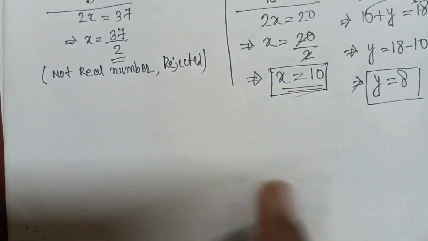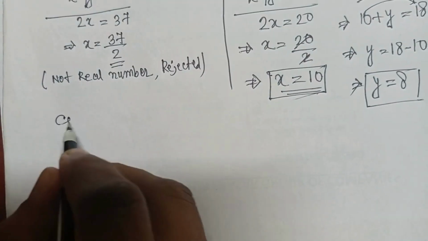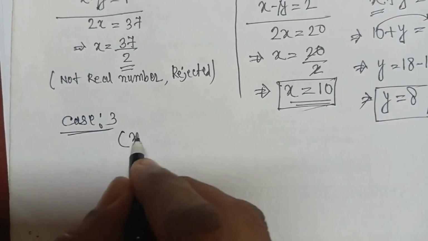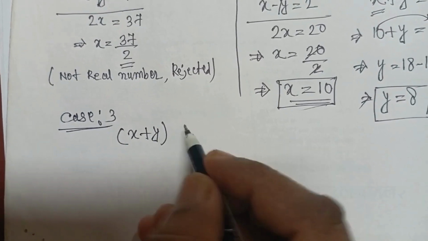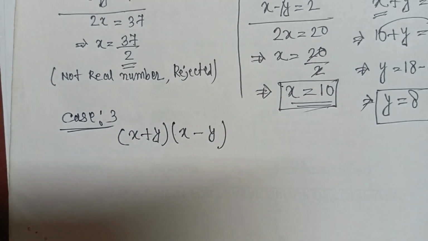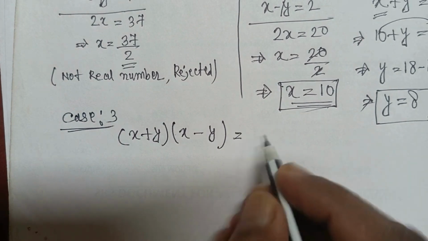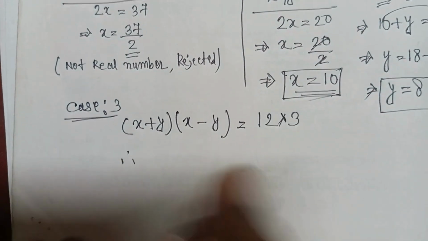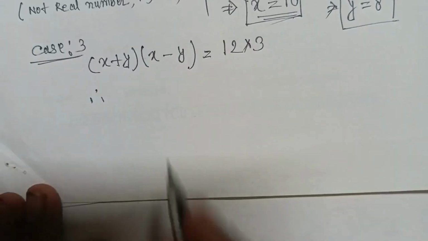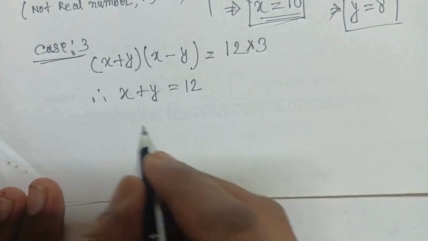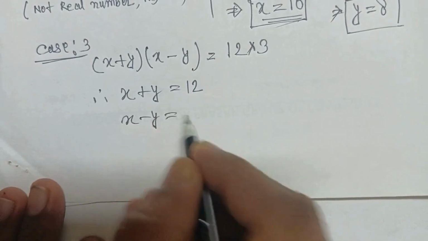Now we move to case 3, where (x plus y) into (x minus y) equals 12 cross 3. Now if we compare both sides, then x plus y should be 12 and x minus y should be 3.